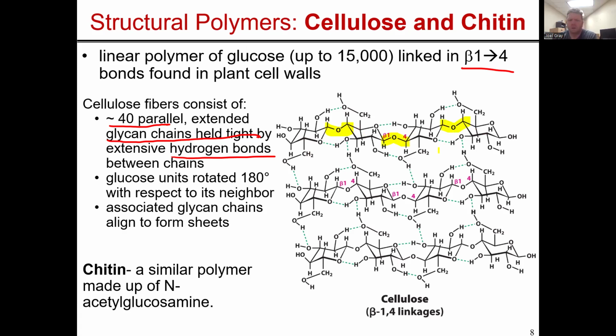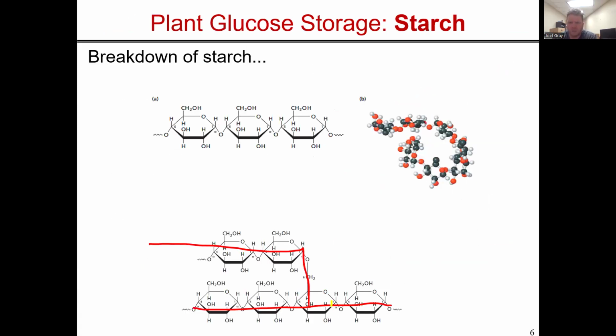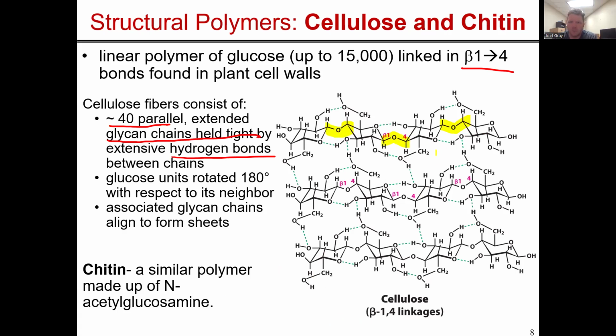If we look back at this, they were kind of repeating elements. It was a nice V, V, V, and only whenever we had a 1,6 linkage did we have something other than that. Well, here we've got V and then upside down V. Or if you wanted to, you could say lowercase u and then lowercase letter n. We've got these things that are basically opposite of one another.